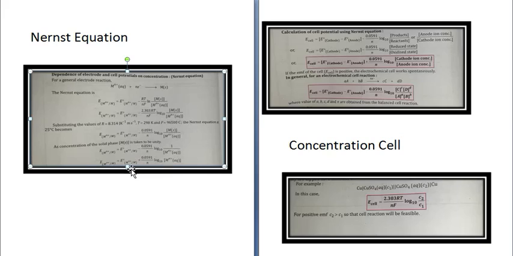Okay. Now next is calculation of cell potential using Nernst equation.